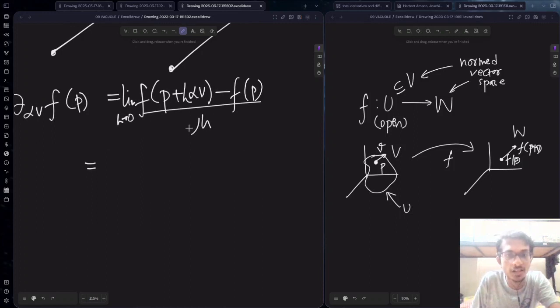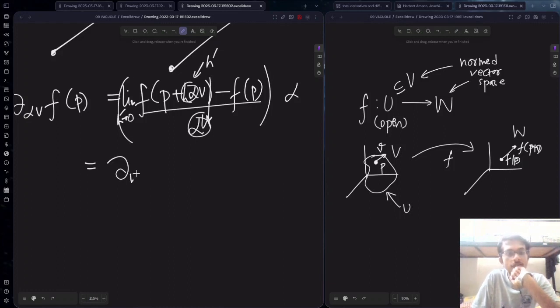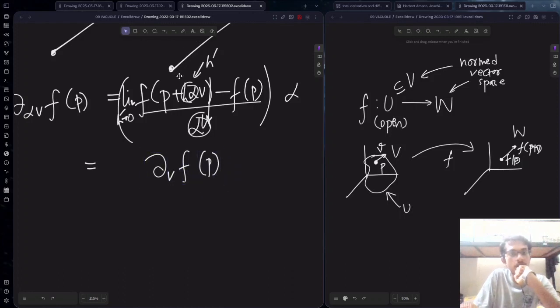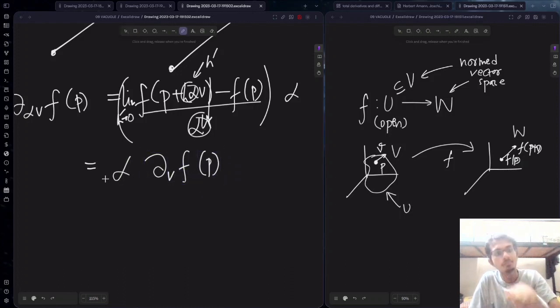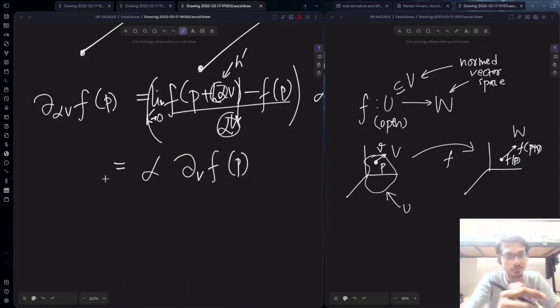What's obvious is that we can take an alpha out here, and then take the condition that alpha h tends to 0, which I just call h dash, which makes this quantity the directional derivative in the v direction at the point p, and there is an alpha coming out. So they are the same except there is an alpha coming out.